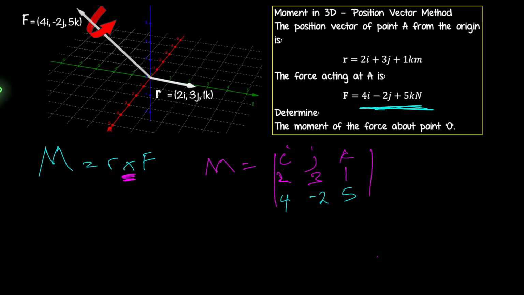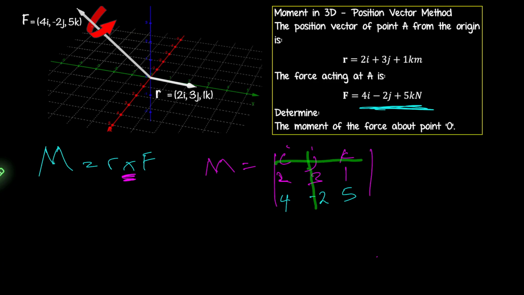Let's find the j component. We go back to our 3x3 matrix and highlight the row with the j and the column with the j. The row with j is the top one, so those elements will be eliminated, and then the column with j is this one here. So we eliminate the elements contained in the same row and the same column as j.